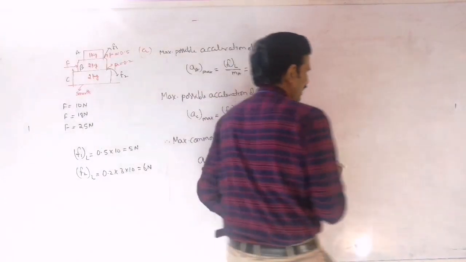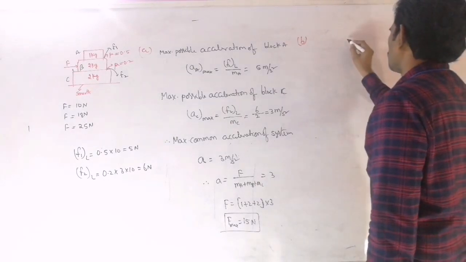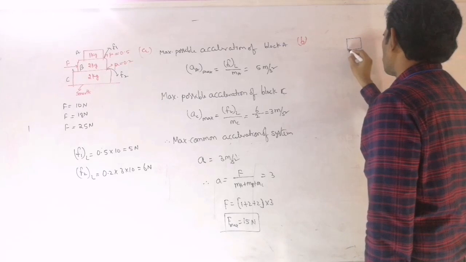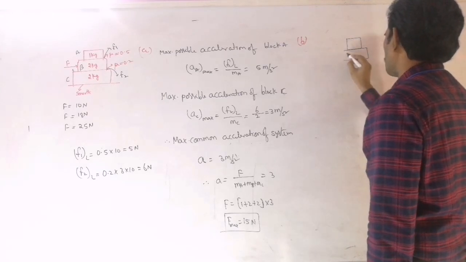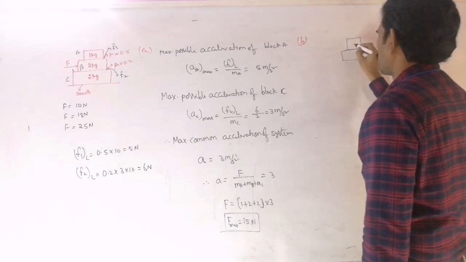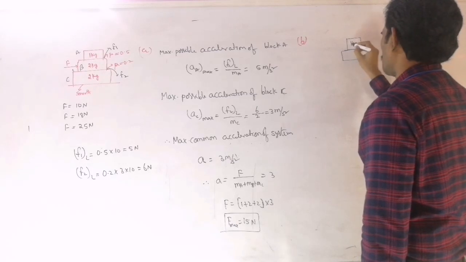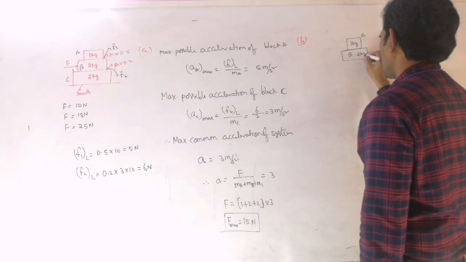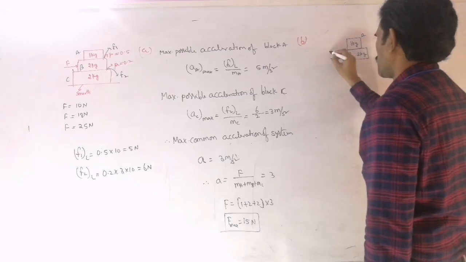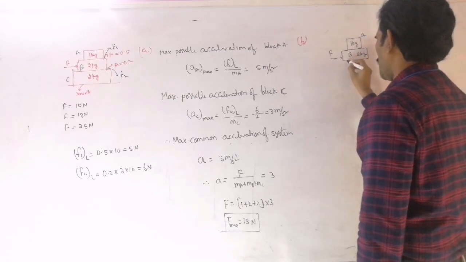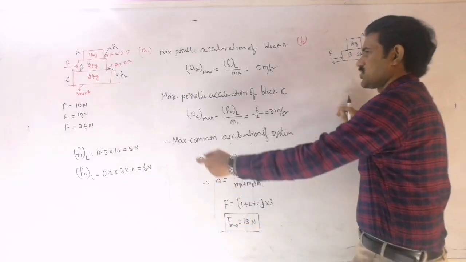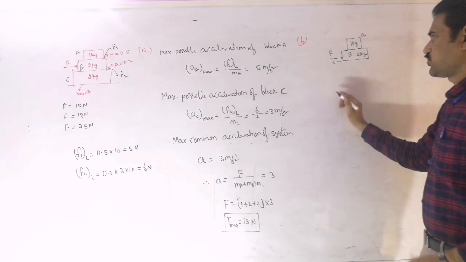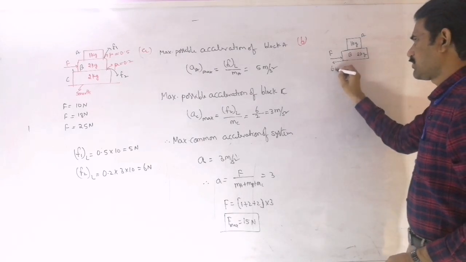So now I am taking these two blocks: the 1 kg block, block A, and block B, the 2 kg block, and here we are applying a force of F. Slipping is already taking place between these two, so the force will be 6 newtons in the backward direction.